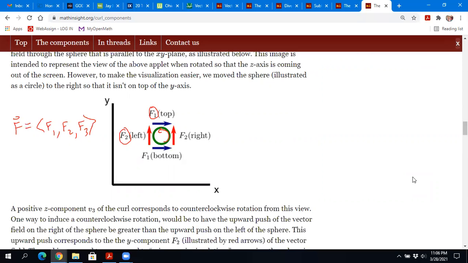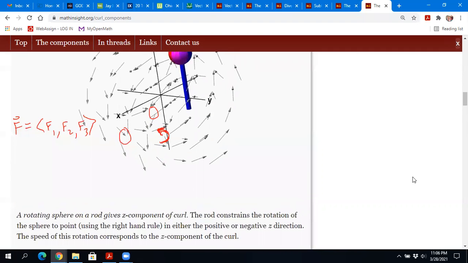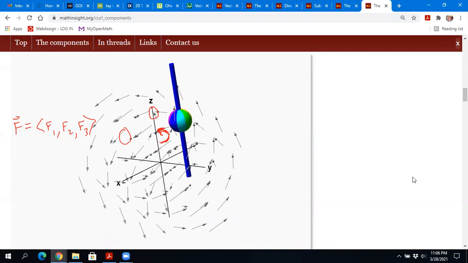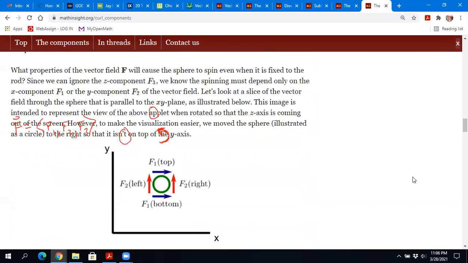What I'm doing though, I've anchored this rod, yes, and I'm only looking at the first and second component functions of this thing. Because the third component function honestly isn't really going to be doing much in this particular case. It's really just the X and the Y component functions that are causing all of this to happen up here. The Z component function isn't doing anything. It's just the X and the Y that are doing this.